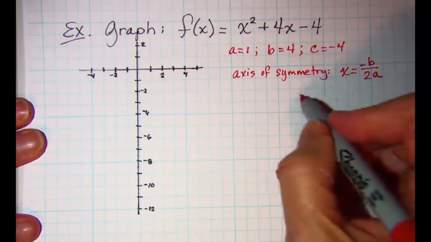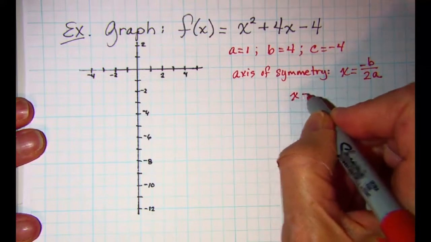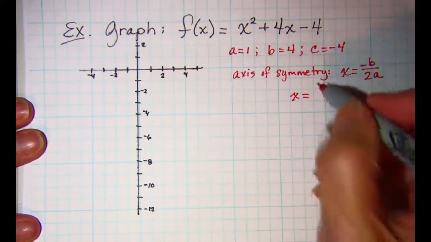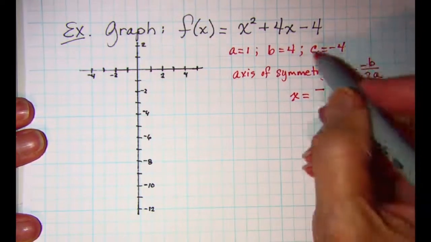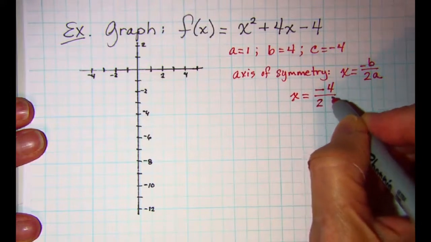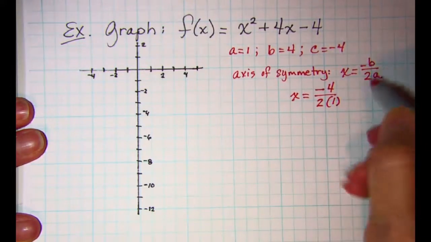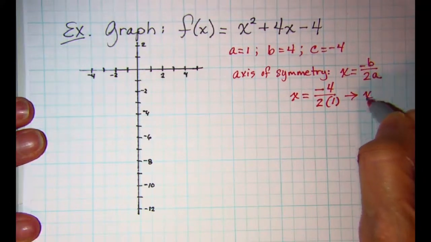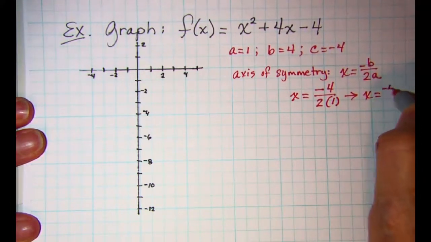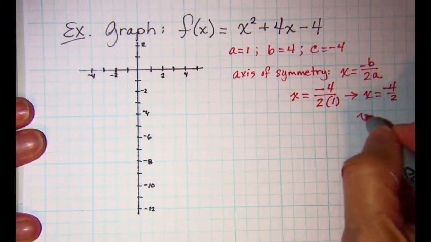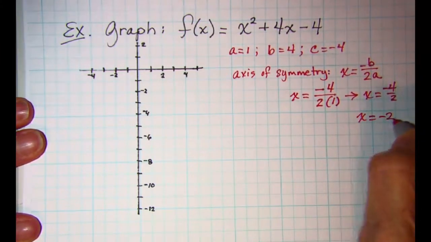So we can see then that our axis of symmetry for this parabola will be negative 4 over 2 times 1, which makes our axis x equals negative 4 over 2, or x equals negative 2.